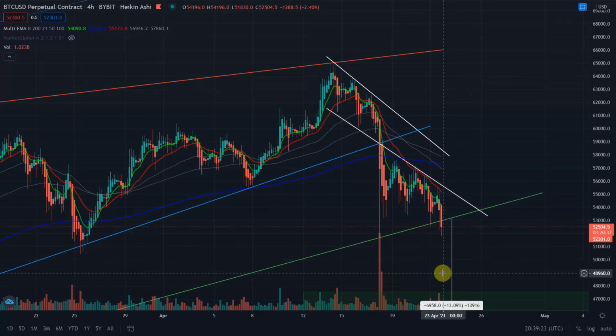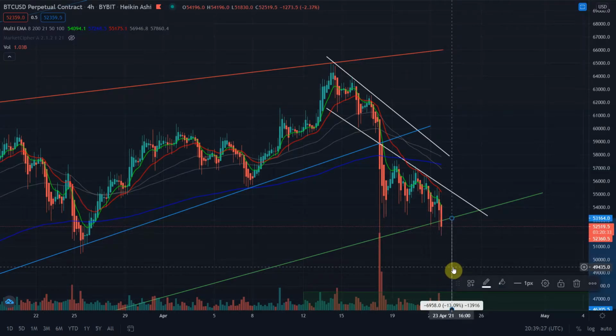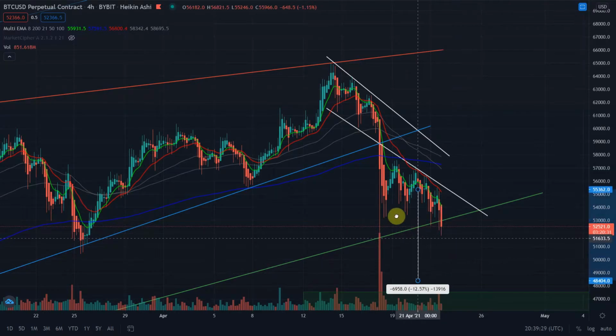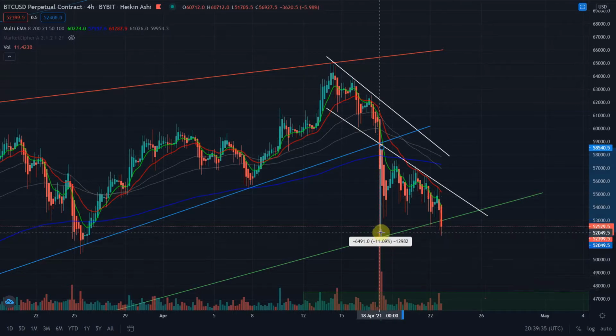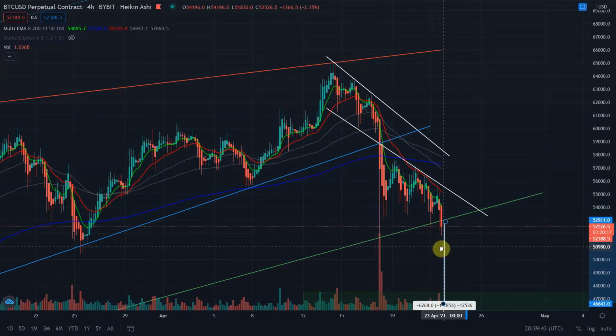So if we go down like this, how far can we go? Generally, from a technical standpoint, how do you calculate how much you can go? You calculate based on the size of the triangle. In this case, let's make it a little bit conservative. This is roughly this big, and we are breaking down from here.